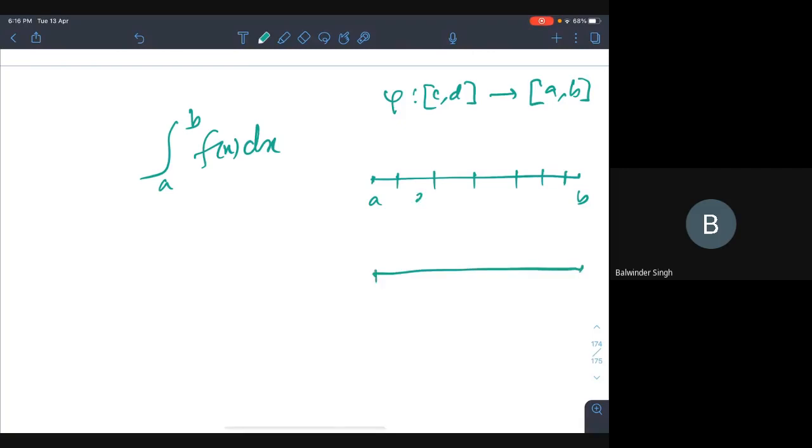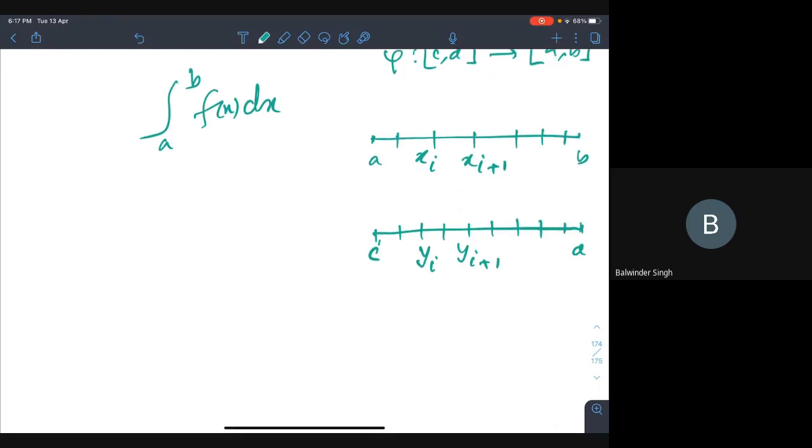So here the partitions are xi minus 1, xi, and so on, and the partition of [c,d] correspondingly, because phi is onto everything. So yi minus 1, yi, and so on, right? Now on this interval yi minus 1 to yi, apply the mean value theorem on phi.